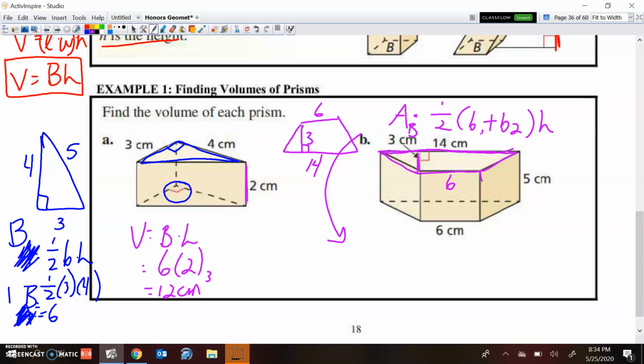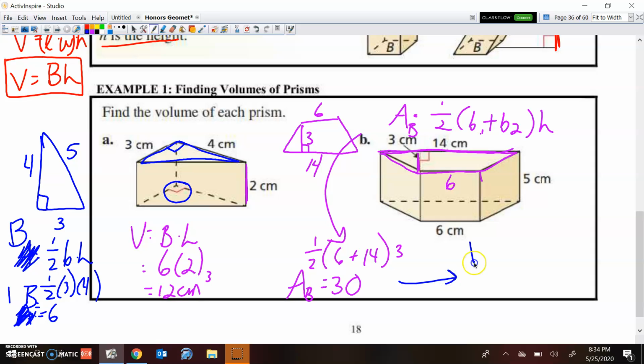So the area of this trapezoid is going to be 1/2 times 6 plus 14 times 3. Now 6 plus 14 is 20. Half of 20 is 10. 10 times 3 is 30. So the area of my base is 30. So now this is kind of the easy part.